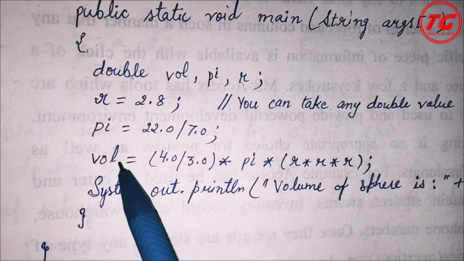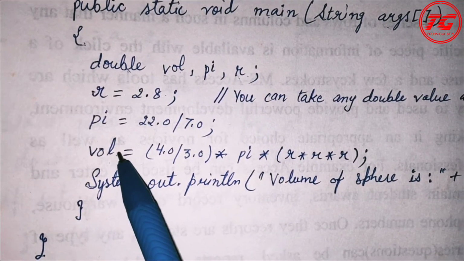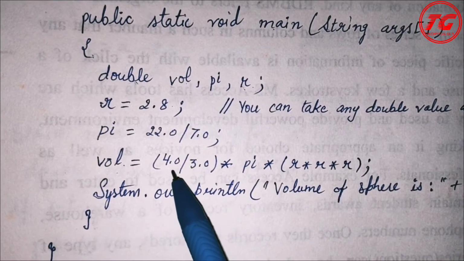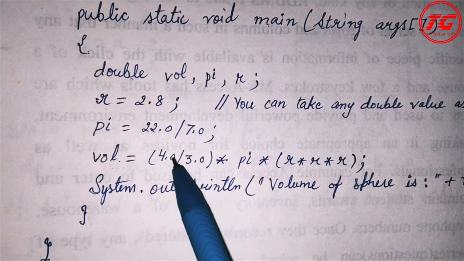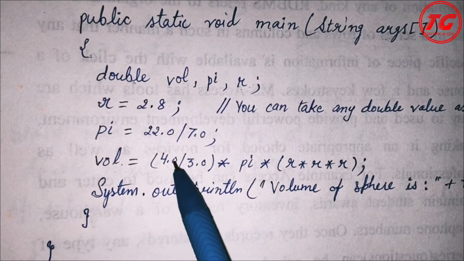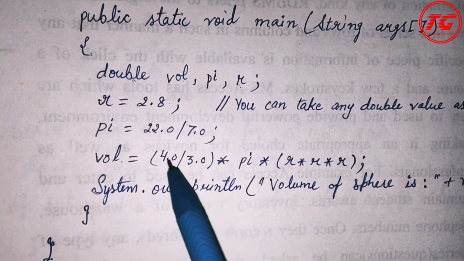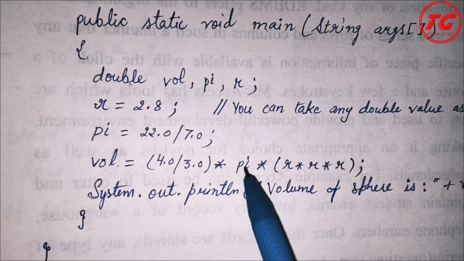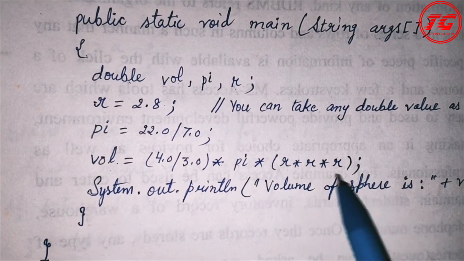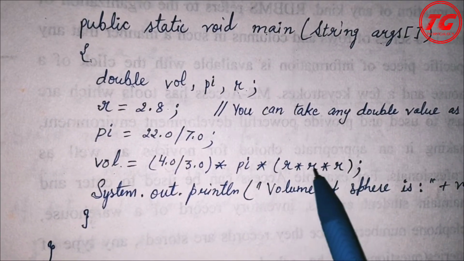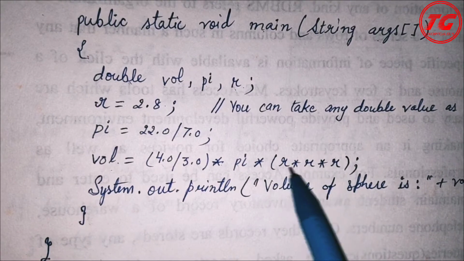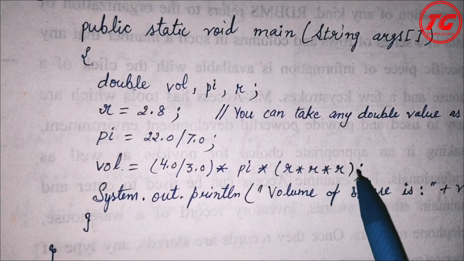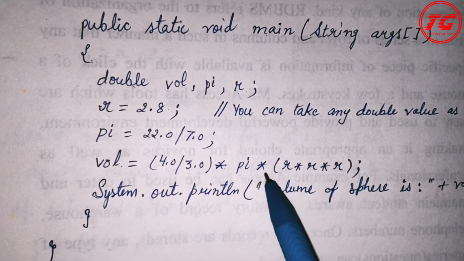Next we have the equation for finding the volume of sphere. According to the equation I have written 4 over 3. So 4.0 is a double value, 3.0 is double, into pi into r cube. R cube you can write like this, r into r into r 3 times. Then put semicolon.